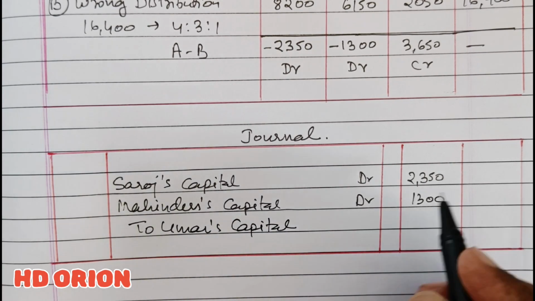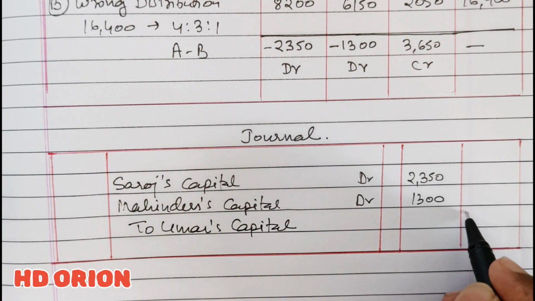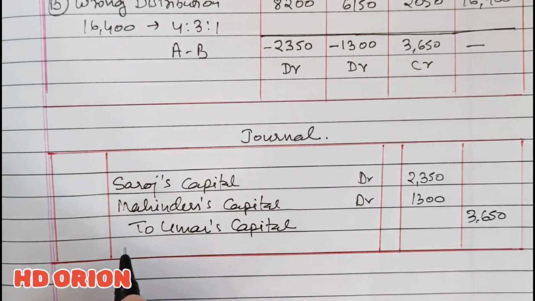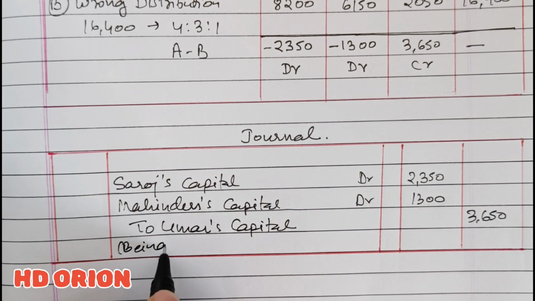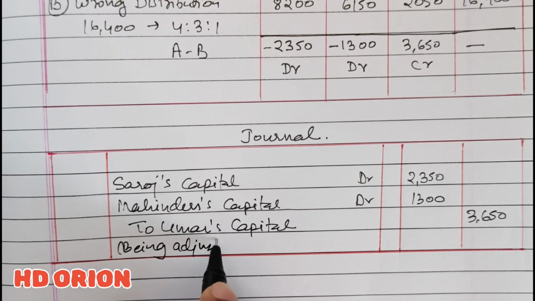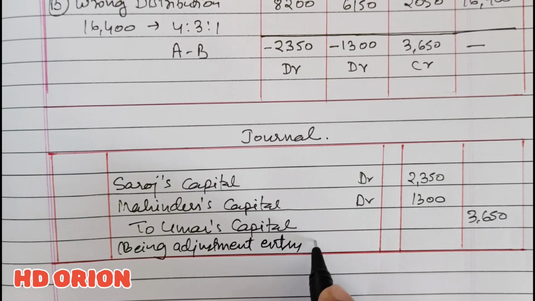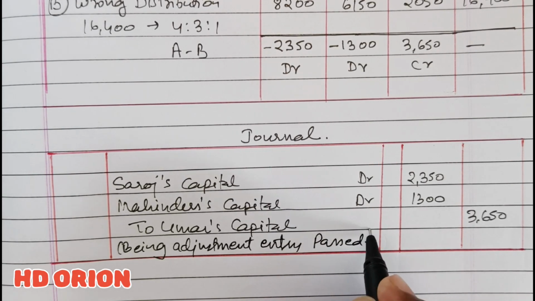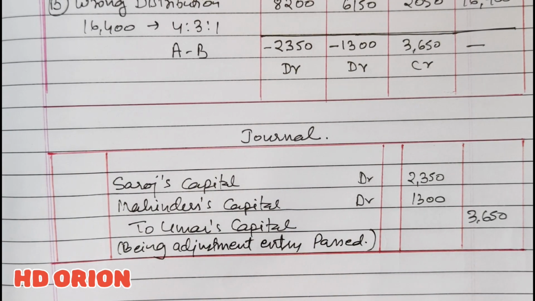To Umar's capital account, rupees 3650, being adjustment entry passed. So this way the question is to be solved.